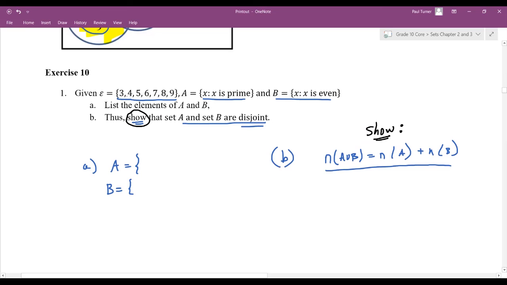And your universe is only these numbers, so don't talk about any other number, only these ones here.